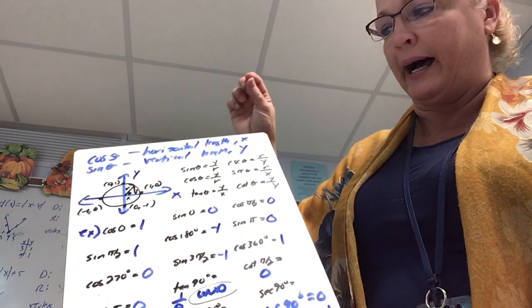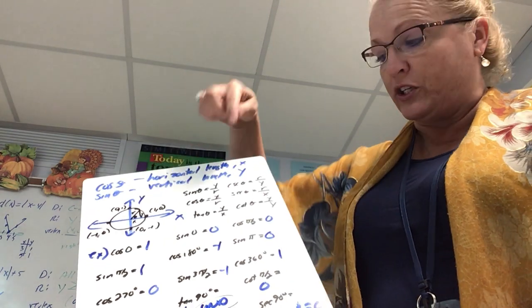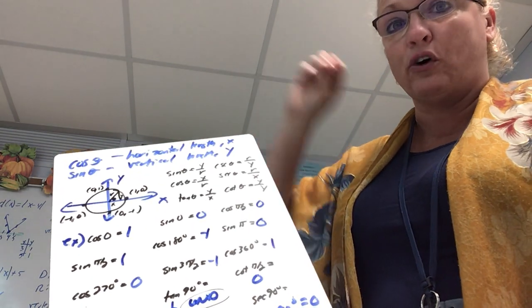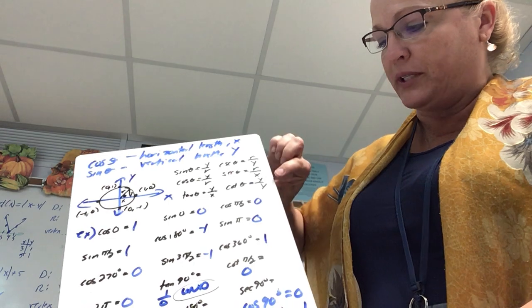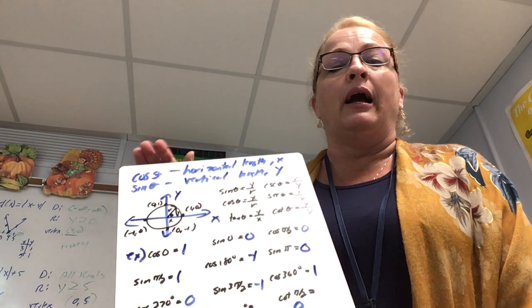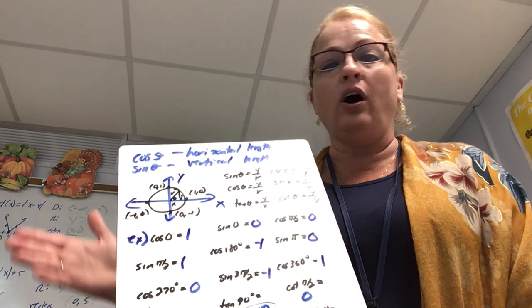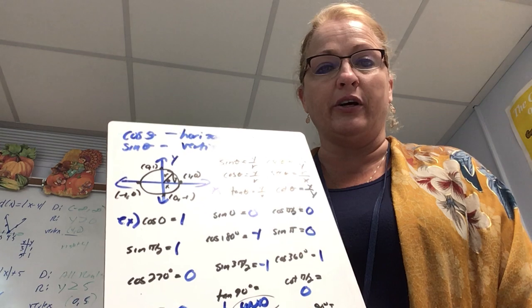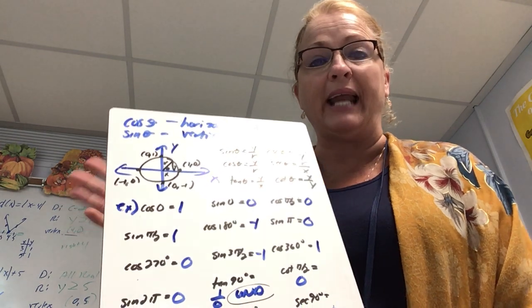Tangent is TOA, opposite over adjacent, which is y over x, or sine over cosine. And then cotangent is its reciprocal, which is x over y. Now, let's get into actually finding all of our different trig ratios of very common angles.